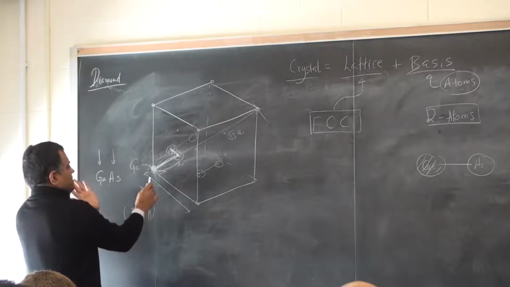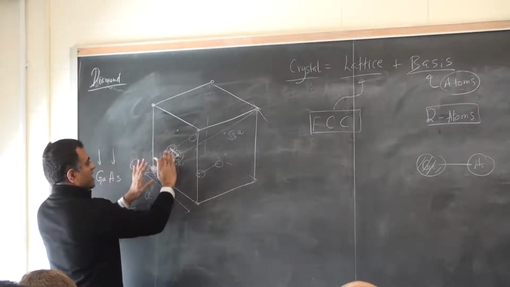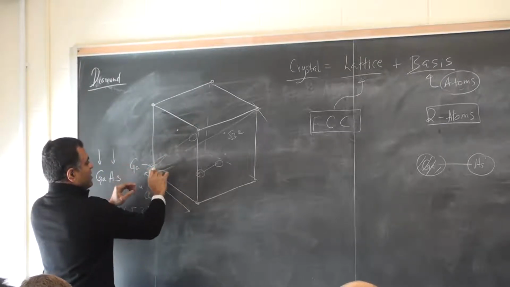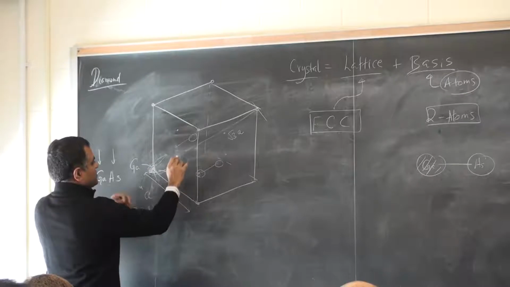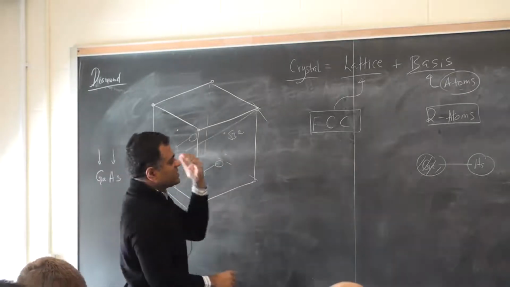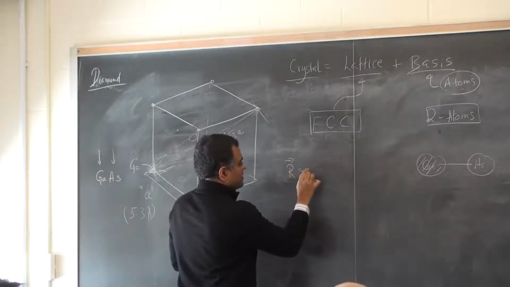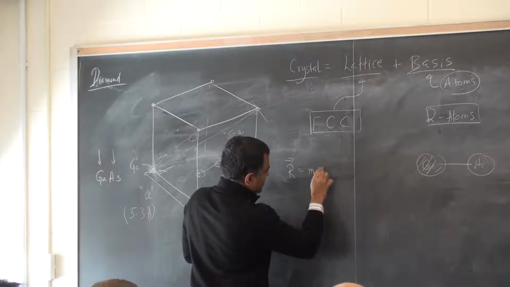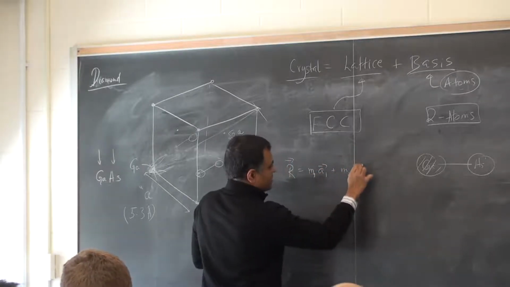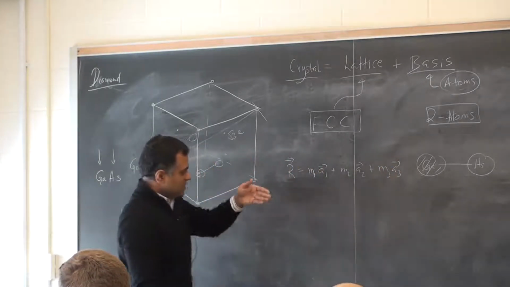Now, let's forget about the atoms for a second, the basis. All the geometry of this problem is determined by the real space lattice vectors. Big R is, let's call it, M1 times A1 plus M2 times A2 plus M3 times A3. These are the real space lattice vectors.